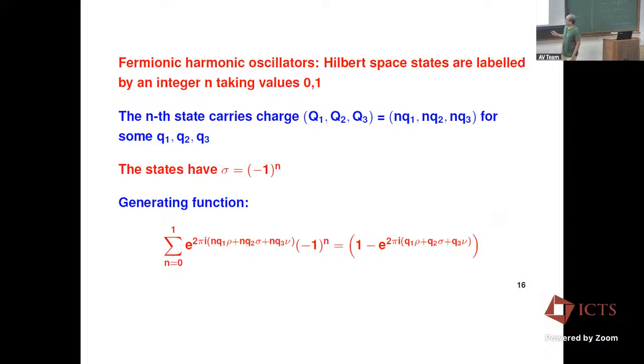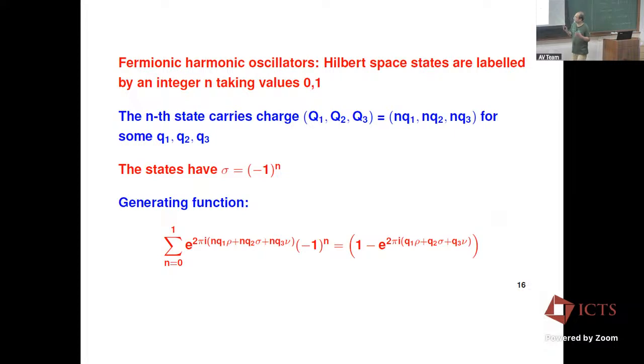Fermionic harmonic oscillators are similar. Again, you can think of this as building states from 0 particle, 1 particle, and so on. But there are two differences from the bosonic harmonic oscillator. First, the fermions obey something called the exclusion principle, so you cannot put more than one fermion in the system. You can have either 0 fermion state or 1 fermion state, but not 2 fermion states.